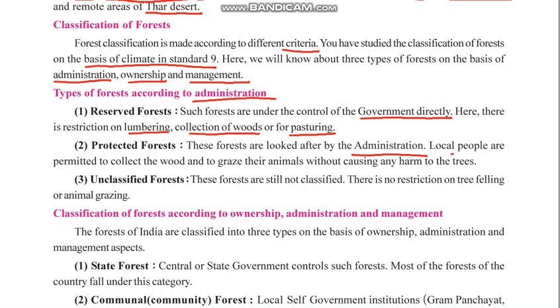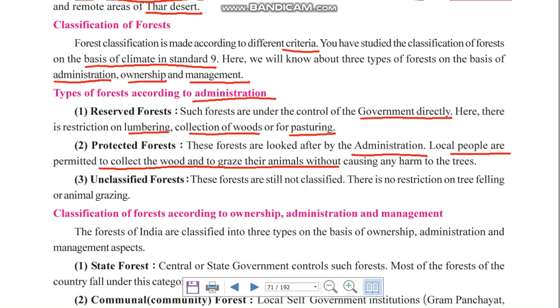Local people are permitted to collect wood and to graze their animals without causing any harm to the trees. They should take care that their animals do not harm any of the trees. At the same time, when they are collecting the wood, they should also not harm any of the trees.